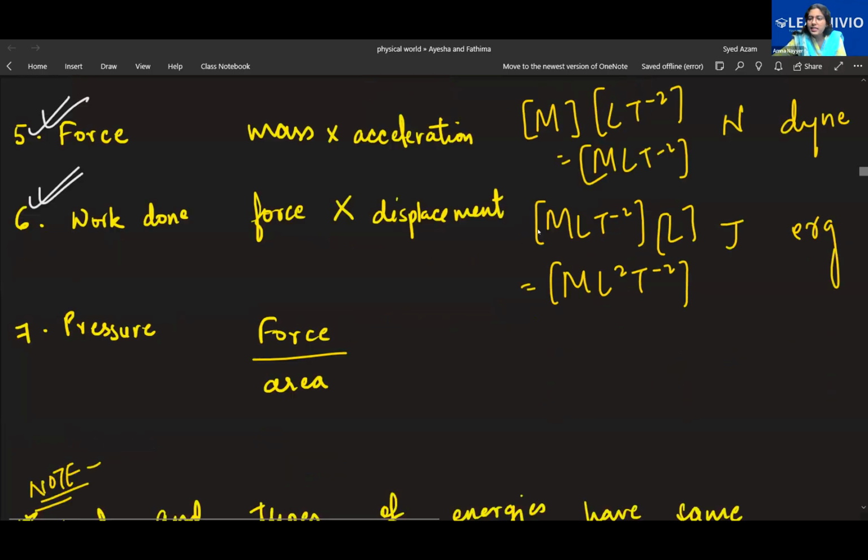So Aisha, can you now tell me, pressure is force by area. What are the dimensions of force? See on the screen. Force is MLT raised to the power minus 2. Divided by, what is area? Area we did as the first example.